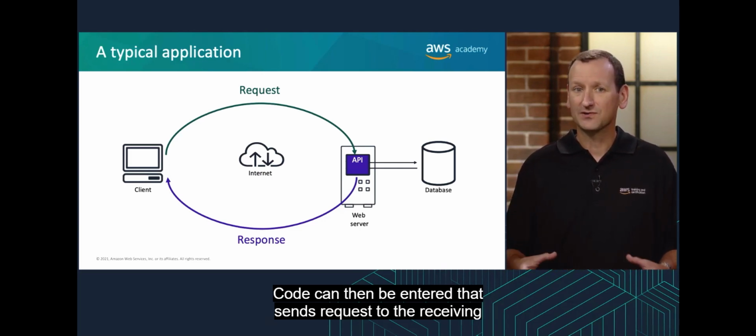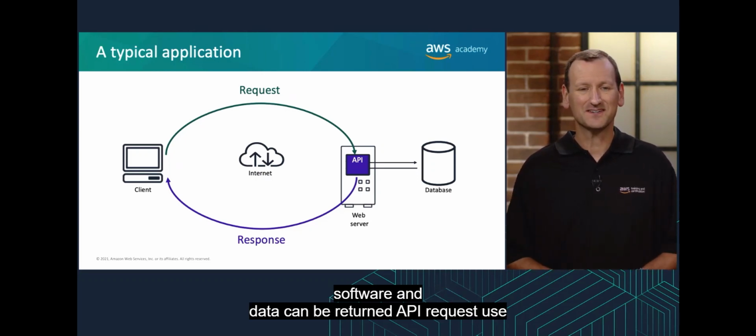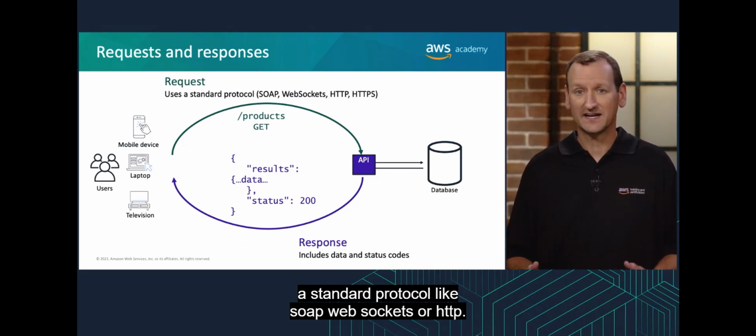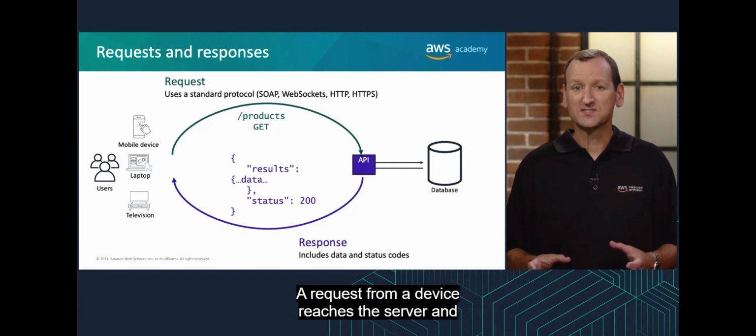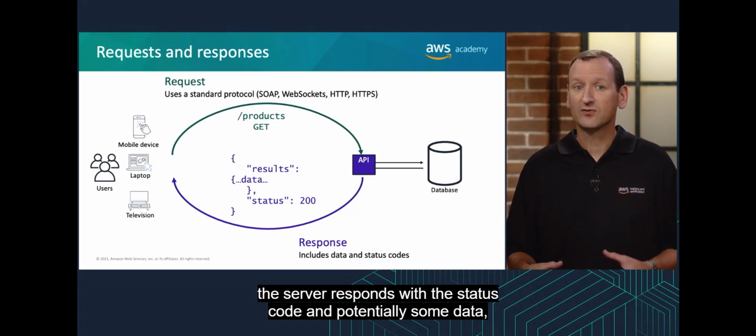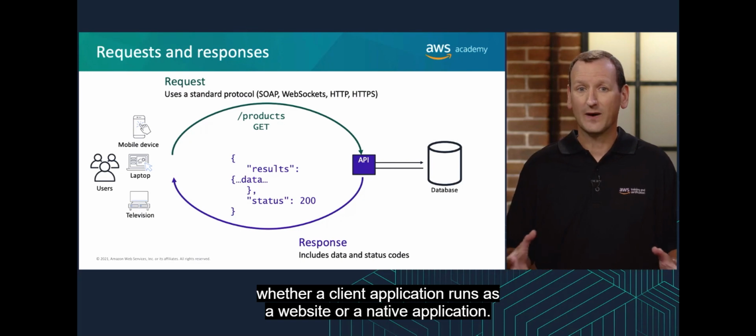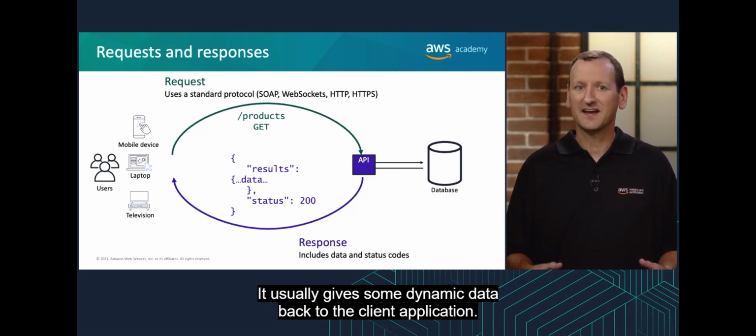Code can then be entered that sends requests to the receiving software, and data can be returned. API requests use a standard protocol like SOAP, WebSockets, or HTTP. A request from a device reaches the server, and then the server responds with a status code and potentially some data. Whether a client application runs as a website or a native application, it usually gives some dynamic data back to the client application.